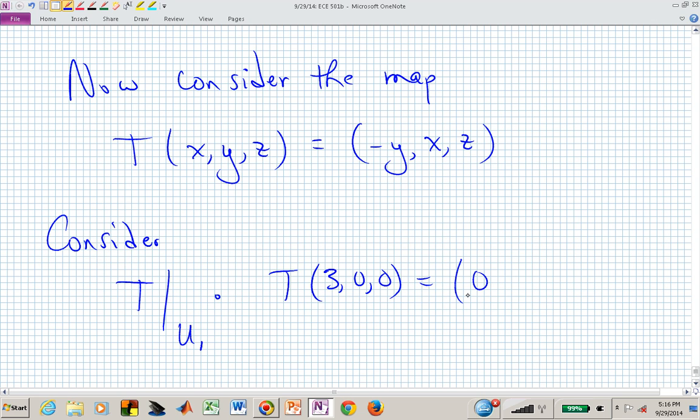Y becomes our new x, or minus y becomes our new x, x becomes our new y, and z stays where it was. Did we remain in the x direction when we started on the x direction? No. So T is not an operator on these subspaces that we've used to do a direct sum decomposition of our vector space V.